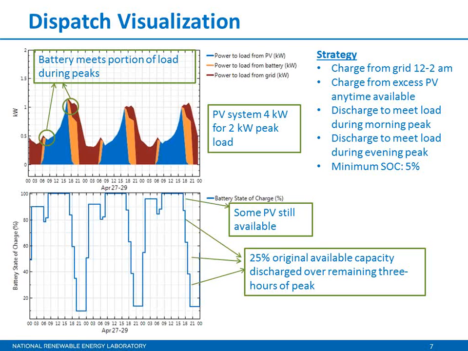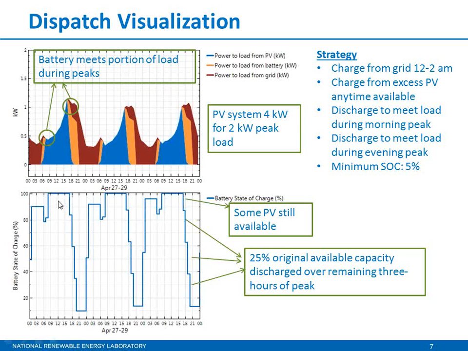In those times, the dispatch controller is allowing the battery to discharge, and you see that orange band. Some of the power during the peak is coming from the battery, whereas during the main part of the day, you see the blue, which is just the load being met by PV. Then in the evening, after the battery runs out or is no longer allowed to dispatch, you see the load having to be met from the grid.